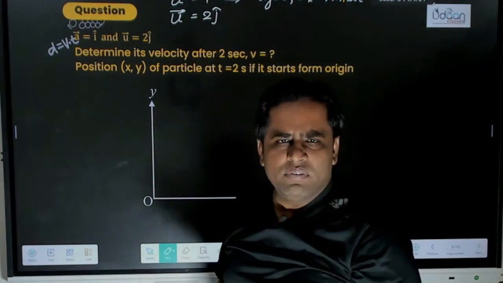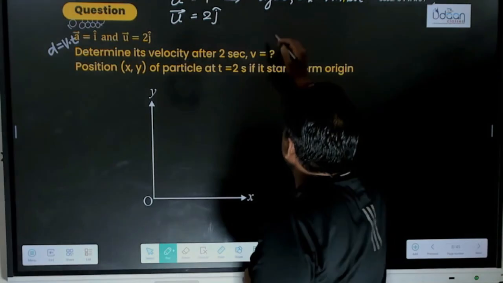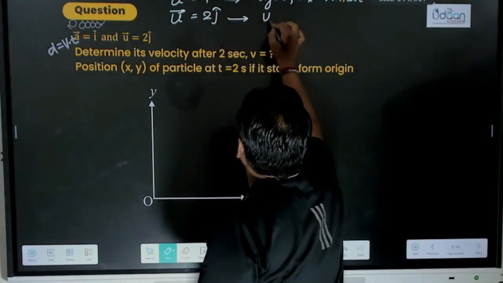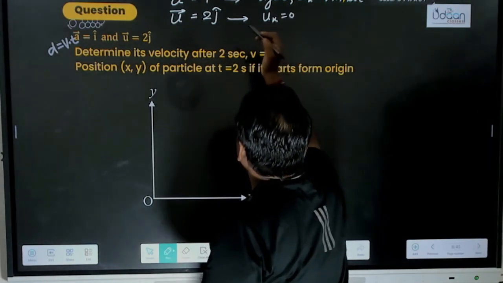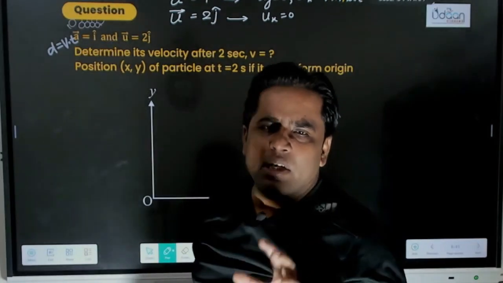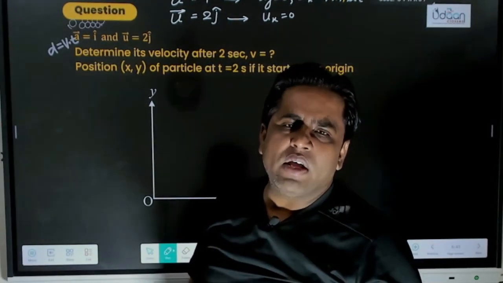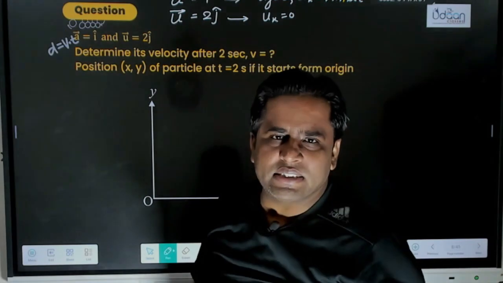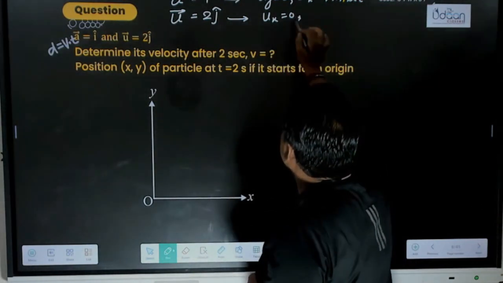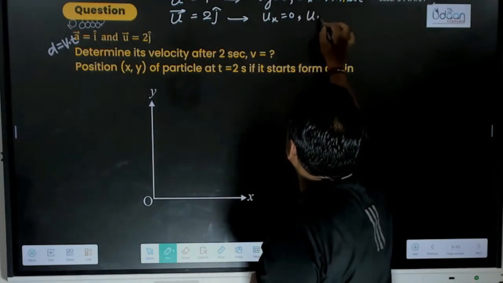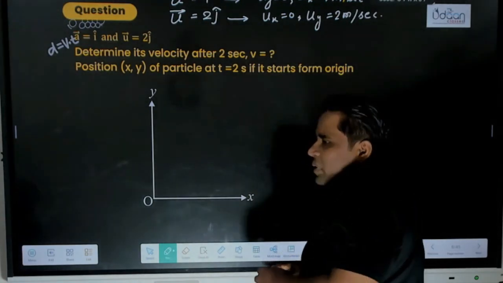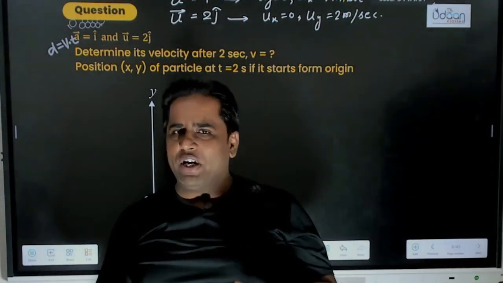Similarly, for the u vector, ux will definitely be equal to 0, because the x component is missing. The value of the initial velocity on the x axis will be 0, and on the y axis it is 2 meter per second. So students, I have already given you one hint.